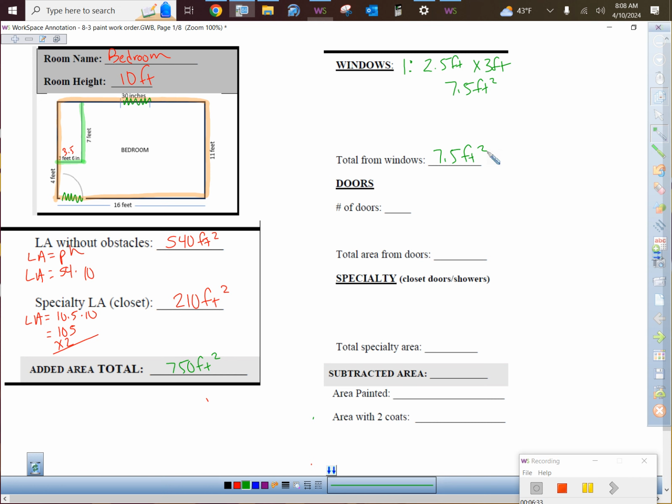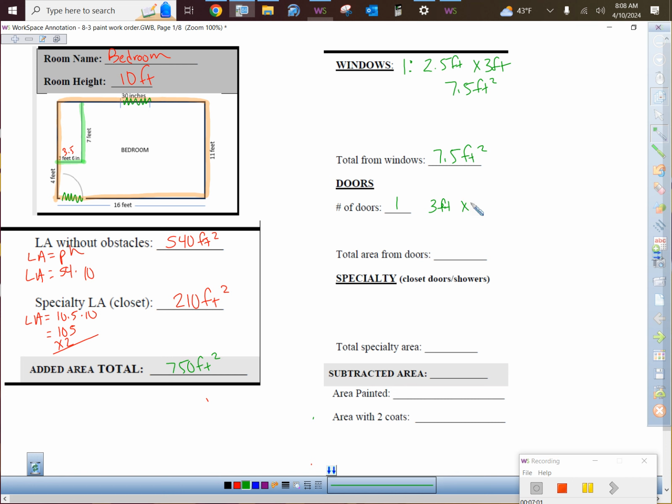Cool. How many normal doors are in this room? Because some rooms might have more than 1 door, but how many normal doors are in this one? 1. Everybody's door is 3 feet wide, and we're going to make another class rule that all doors are 7 feet tall, just to keep it simple. In real life, a door is normally 6 foot 8 inches. I don't want to mess with the weirdness. We're going to call it 7 feet. Is that okay?